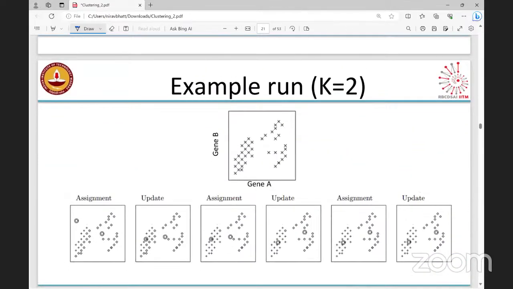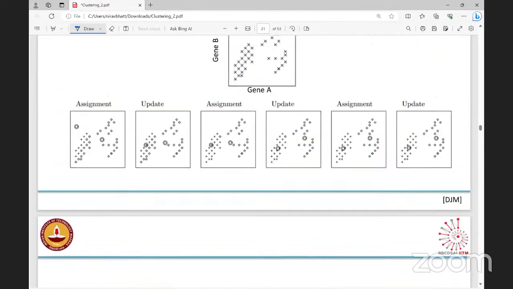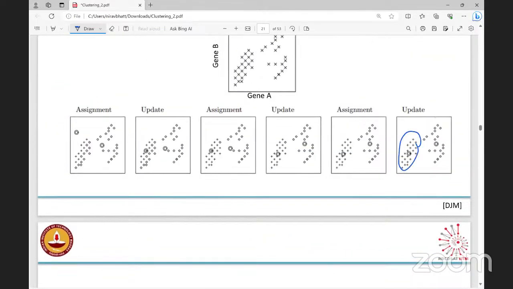So here again, for k equal to 2, I am giving an example. I started with this data where gene A and gene B are plotted. I started with two centers, recomputed and updated the new centers, and assigned data points to the new centers. Again, based on the new clusters, I updated and assigned again. And finally, I get these two clusters.